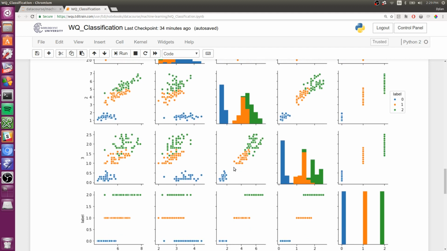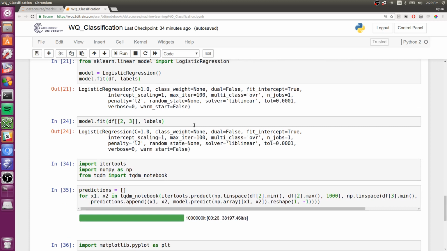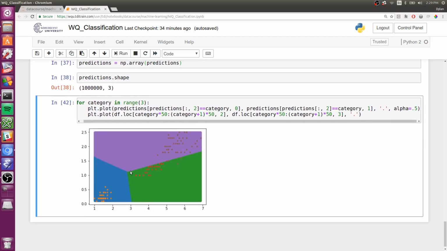So we have one boundary, and then another boundary. Now, of course, these boundaries could have been different.